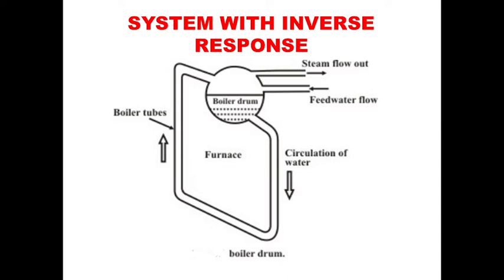This will cause a temporary fall in the drum level. Similarly, for a sudden increase in steam flow rate, the drum level will momentarily swell before it drops down to a steady state value. Are you clear?